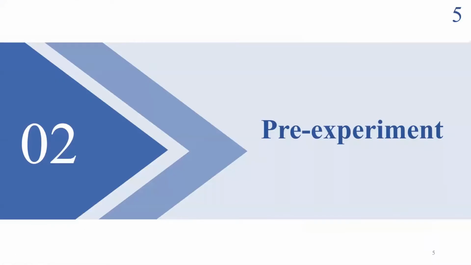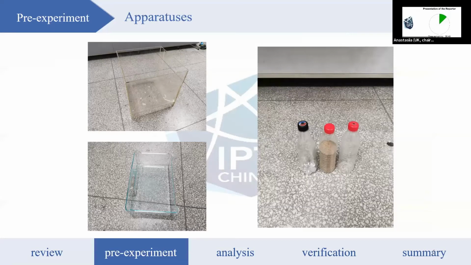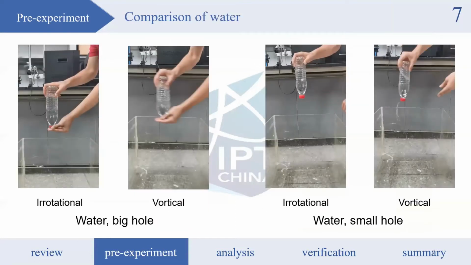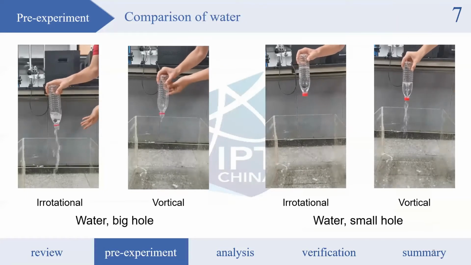Then the second part is pre-experiment. And these were our apparatus. Okay, and these are the comparison between irrotational and vertical water.